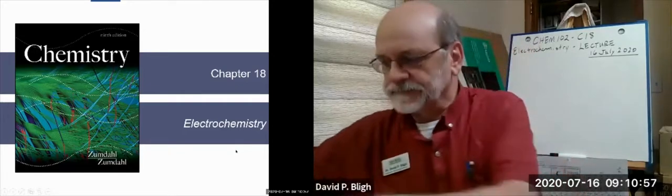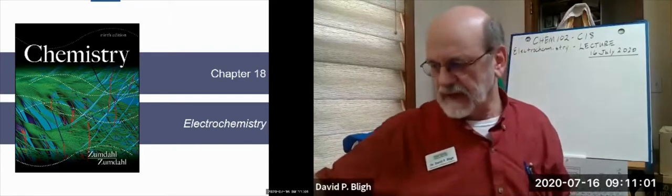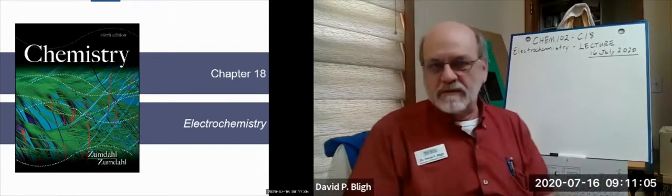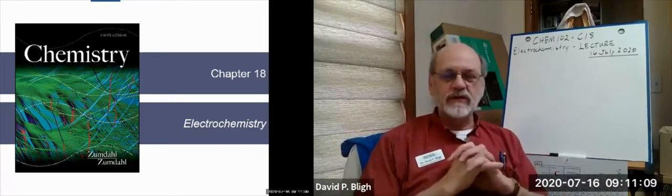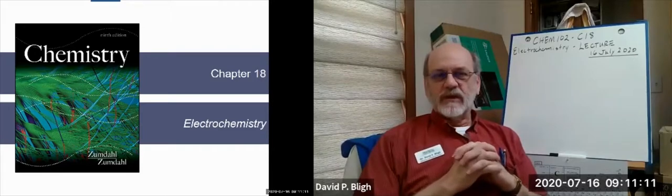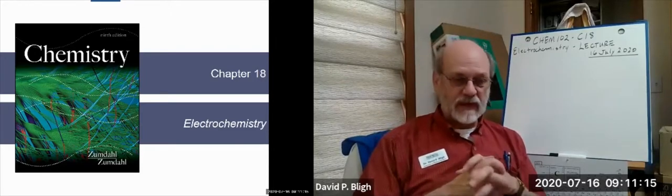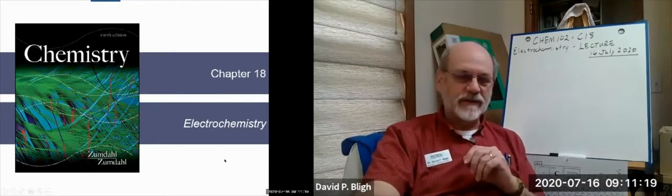All right. So, electrochemistry. You might think it's self-explanatory. Electrochemistry having to do with chemistry in which electrons are exchanged. And that in its simplest form is the correct definition.